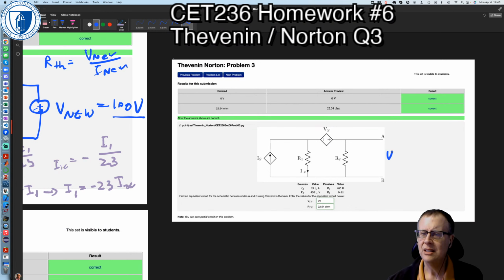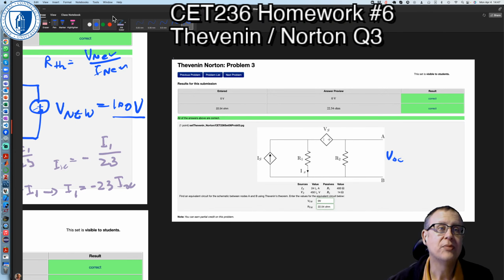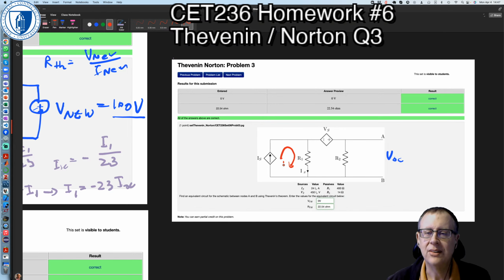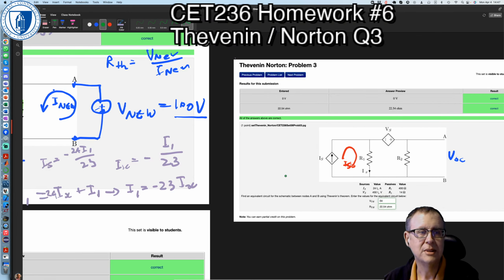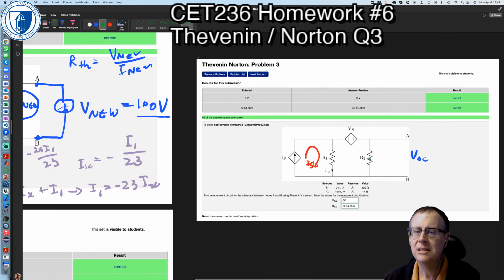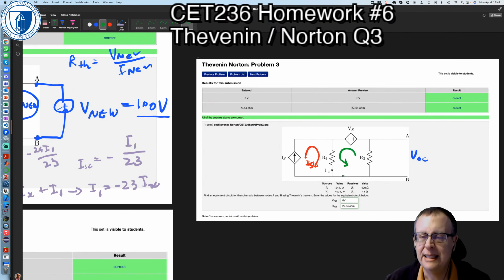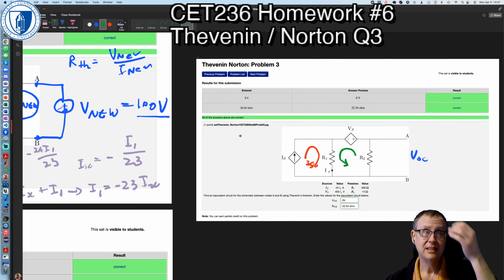Okay, so now we need to find the open circuit voltage, VOC. And how do we do that? Well, we've basically got to do the same sort of analysis, right? We have an IS, which way did I make that one go? I think I made it go that way, right? So that way, and let's call that I1.